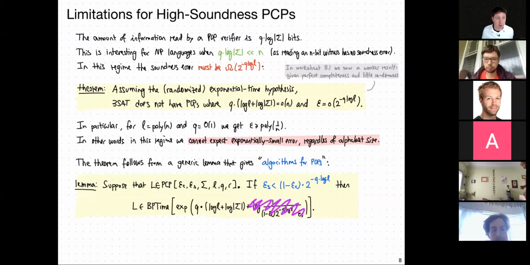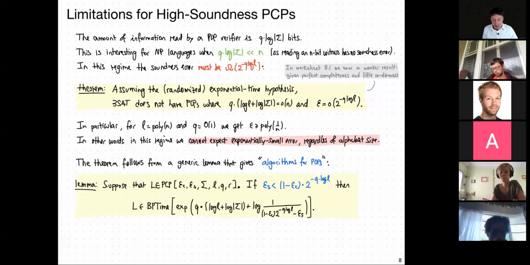Great, good question. This other term here is not super important. Since you have a log of something over 2 to the minus Q log L, it still behaves roughly like Q log L, a small order term; the bigger one is here. So this directly implies the previous theorem.